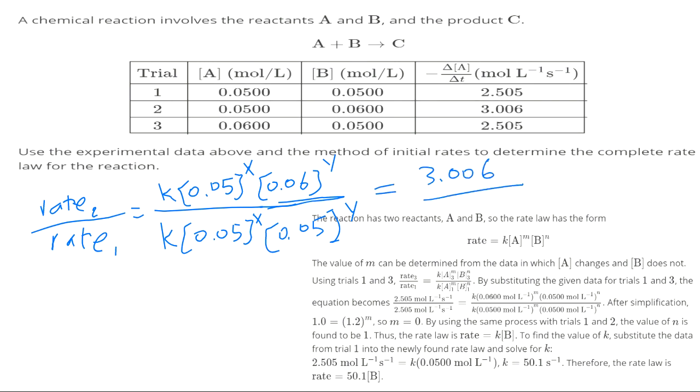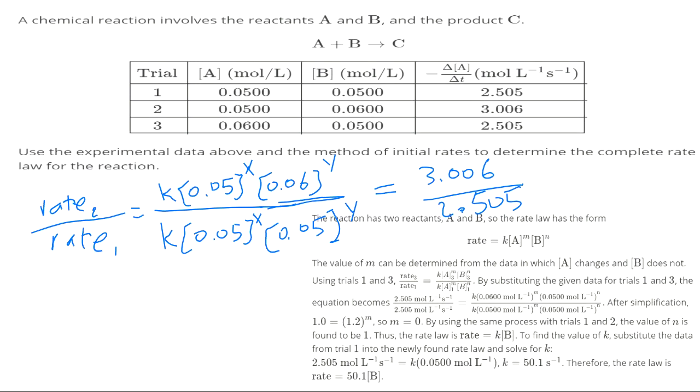The value for rate 2 and rate 1 is 3.006 over 2.505. So you write the equation for rate 2 and rate 1. You divide rate 2 over rate 1. You divide the values as well. Simplify it. The like terms that can be simplified are the values for k, which are going to be cancelled at this point.